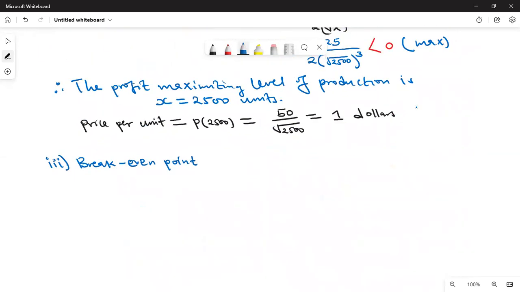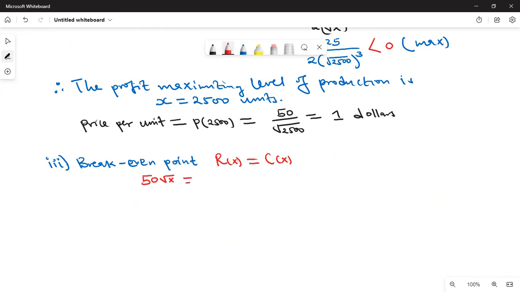So that means, before I write 50 root x, it means the revenue must be equal to the cost. So our revenue was 50 root x.